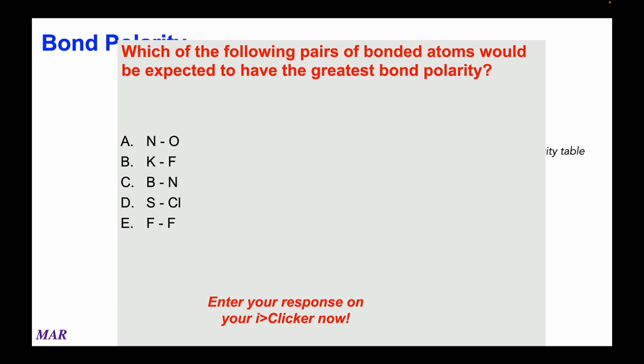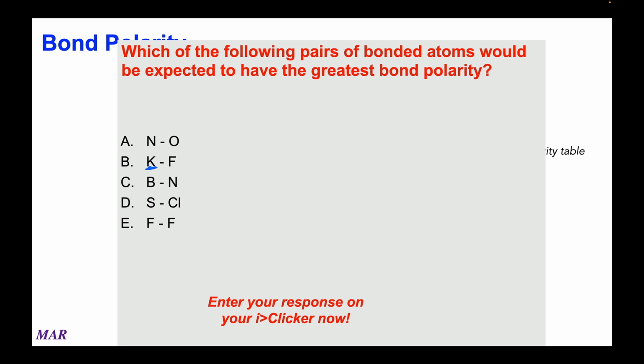So looking at that list then right there, first of all, the very last one, F and F, even though fluorine's most electronegative, that's a fluorine with another fluorine. So delta chi, the difference of electronegativities, would be 0 for that. So that's actually a non-polar bond. There wouldn't be any difference there. And if you look at all those different ones, notice how answer B has a potassium.